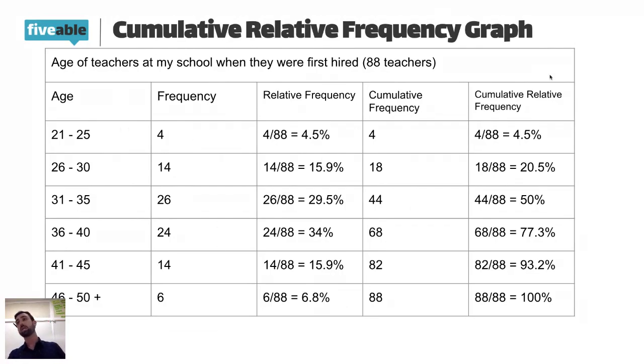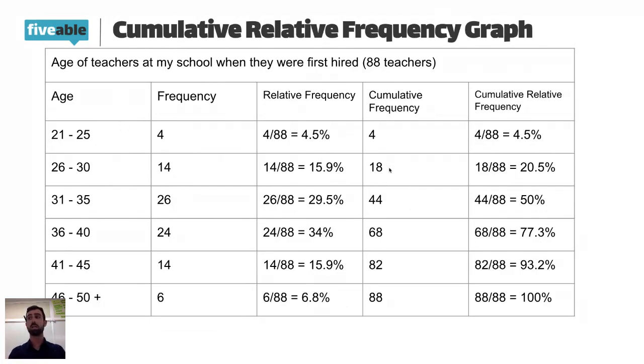Now, if you go to the next column, you're going to see the cumulative, which again is everything added up, relative frequency. So this is using the cumulative numbers, not the frequency numbers. So if you look here, that is going to stay the same because that's only our first bin, which is 4 out of 88. But then my next percentile is going to take this 18 because, again, it's cumulative.